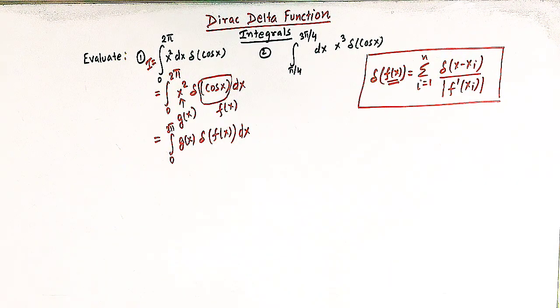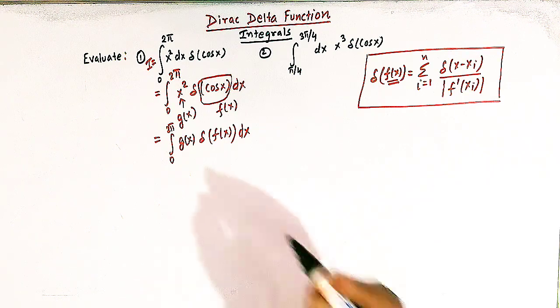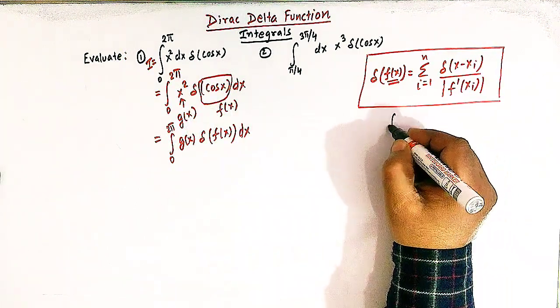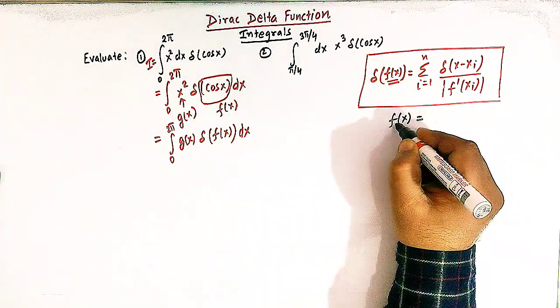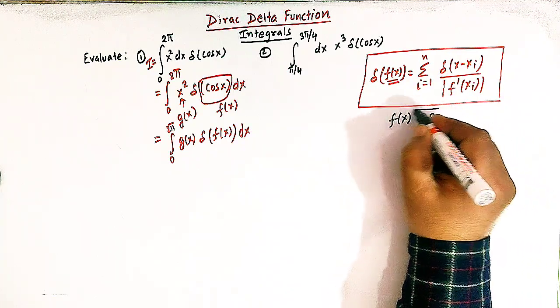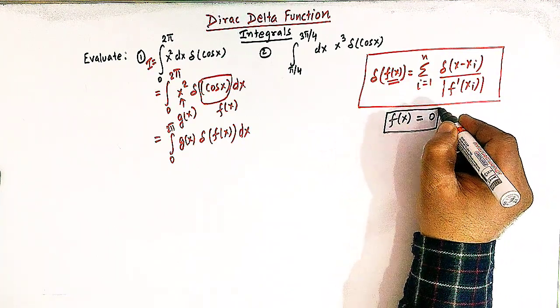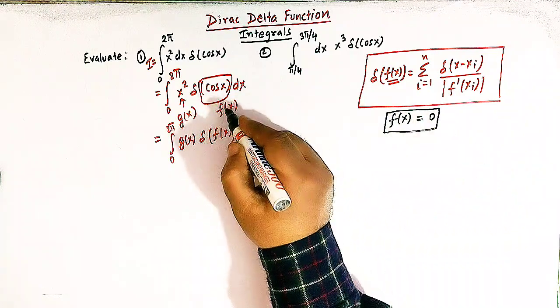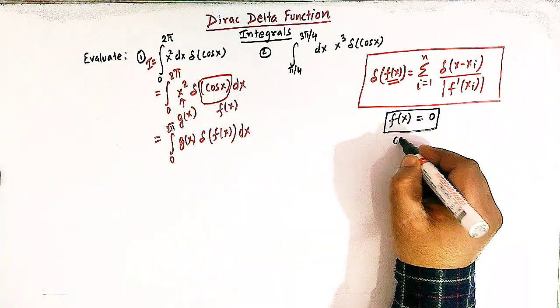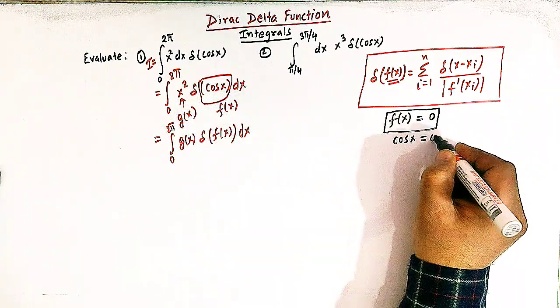Let us take this function f of x and find the roots of the equation f of x is equal to 0. Here f of x is cosine x, so we have cos x is equal to 0.